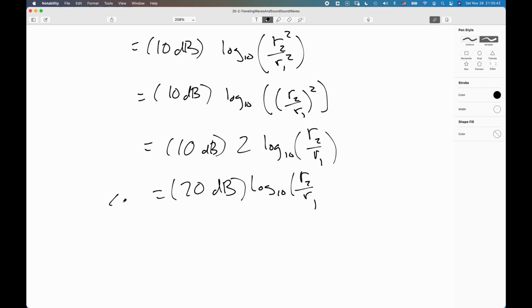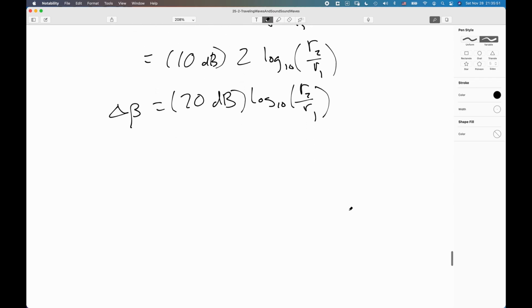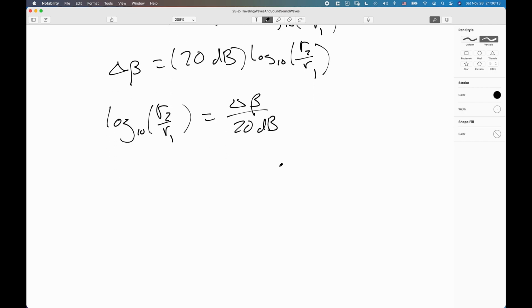So, just so we don't forget, that was delta beta equals. Well, believe it or not, we're almost home. I want to get R2 by itself, so let's divide through by 20 dB. So log base 10 of R2 over R1 equals delta beta over 20 dB. And now I can finally take the anti-log of both sides.